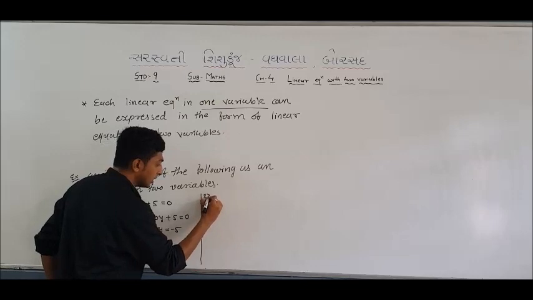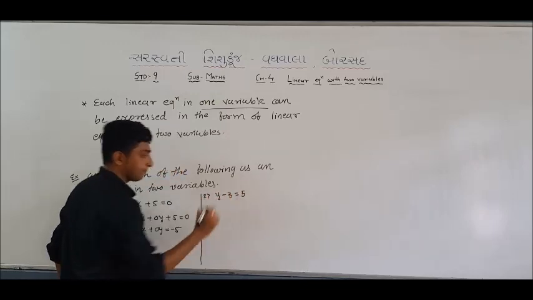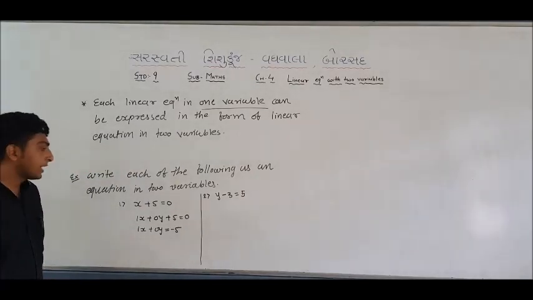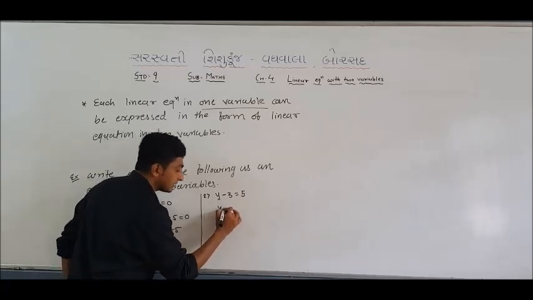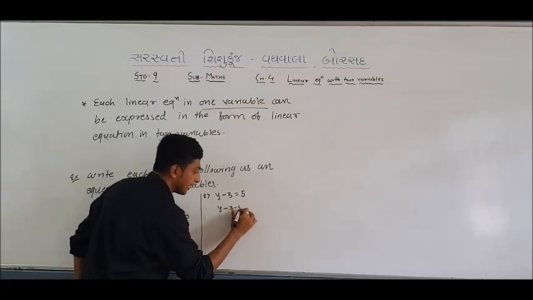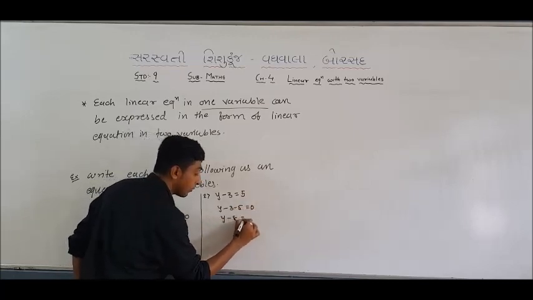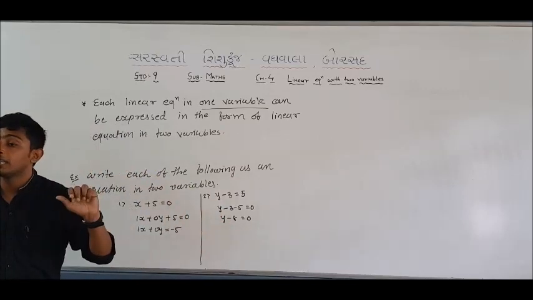Another example is y minus 3 equal to 5. First of all, we can say that y minus 3 minus 5 equal to 0. So, y minus 8 equal to 0. Now, here y variable is present, but x variable is not given.